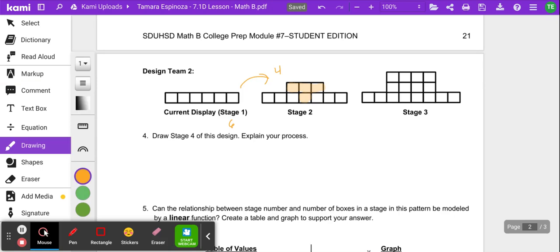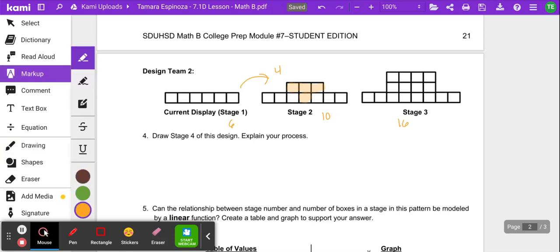And then they added 4. Let's see. 1, 2, 3. This was 10. 1, 2, 3, 4, 5, 6, 7, 8, 9, 10, 11, 12, 13, 14, 15, 16. They added 6 more. They added an additional here, and one kind of column like that.